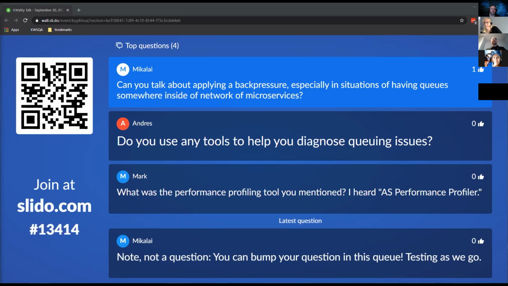I'm not sure if the people who ask the questions are able to. I think this refers to maybe responding with back force, sort of, to the flow of the data that adds to the queue.